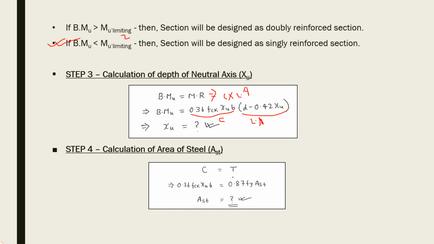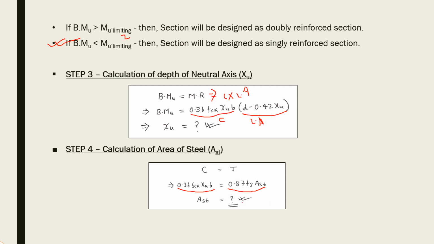You know that above the neutral axis the portion is in compression, and below the neutral axis it is in tension, and they are equal. The compression value is 0.36 fck xu into b for concrete, and the tension value is 0.87 fy into Ast for steel. From here Ast, the area of steel, will be calculated.